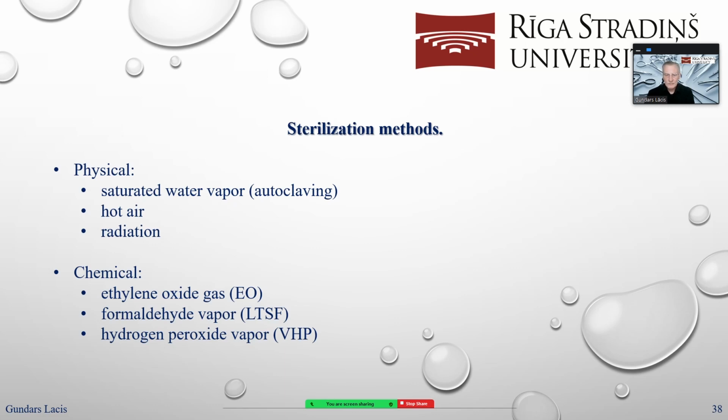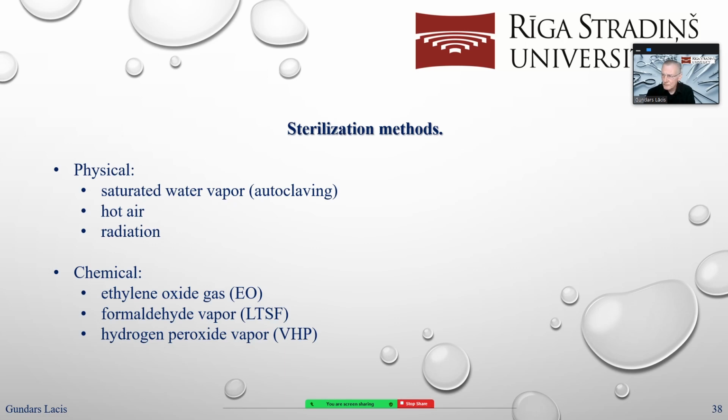Chemical methods: ethylene oxide gas, formaldehyde, or hydrogen peroxide with or without gas plasma. Ethylene oxide is also one of the common methods. It is low temperature, up to 55 degrees, but the cycle is really long, from 7 up to 24 hours.